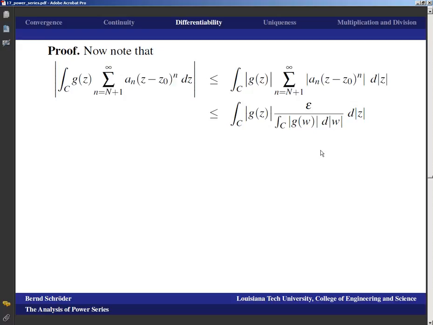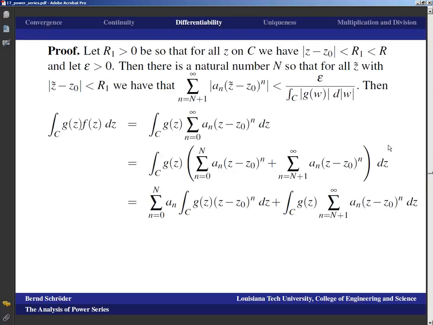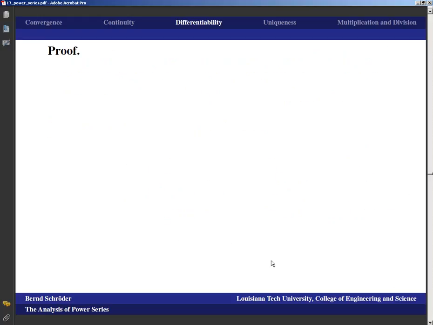We can see now why we made that choice: we need this denominator to cancel against this integral in the numerator, so that it's smaller than epsilon. That's already the proof, because now we know that in this representation, this term goes to 0 as N goes to infinity, and that means this integral is actually equal to this summation with N replaced with infinity.